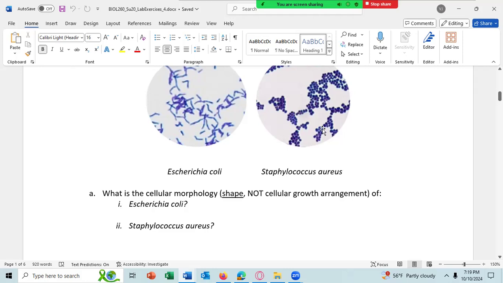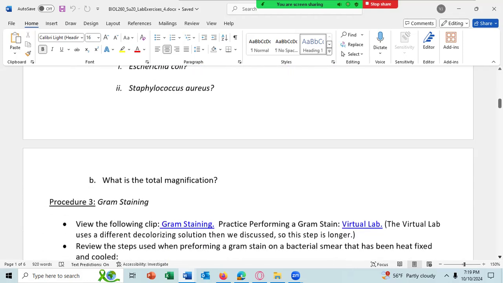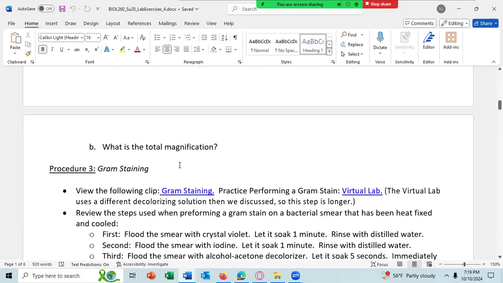And then give me the shape, not the cellular growth arrangement, of Staphylococcus aureus, shown on the right. And then 3B, give me what is the total magnification of the lenses used, which is always the same lens.